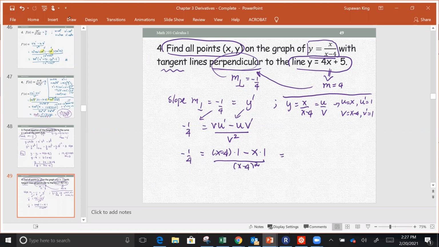Simplify the numerator, we get x minus 4 minus x divided by the quantity x minus 4 squared. That gives us negative 4 divided by x minus 4 squared. We are going to solve for x.